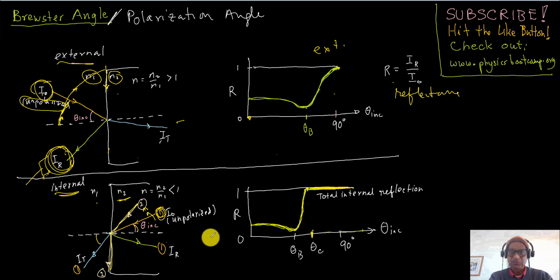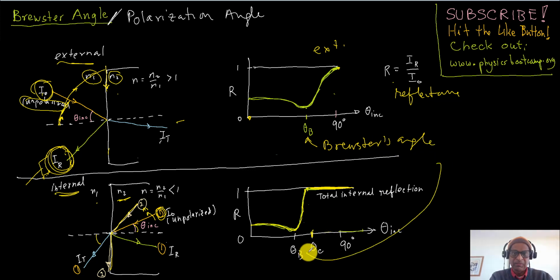For external reflection there's no such thing, no second special angle. So this first special angle is Brewster's angle. These are Brewster's angles, and this other one is the critical angle.